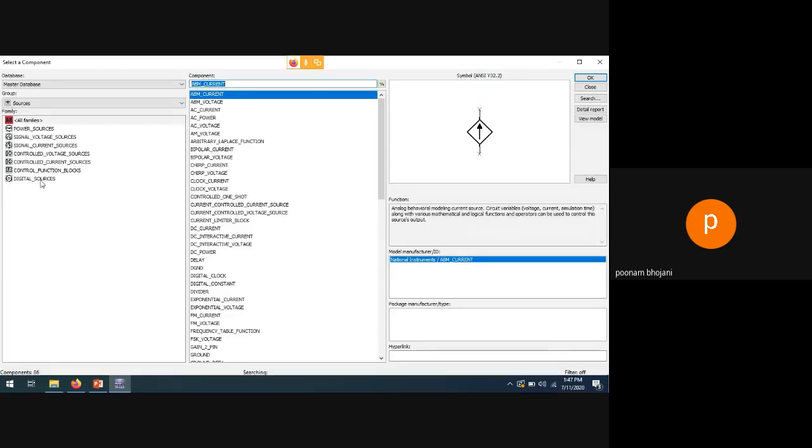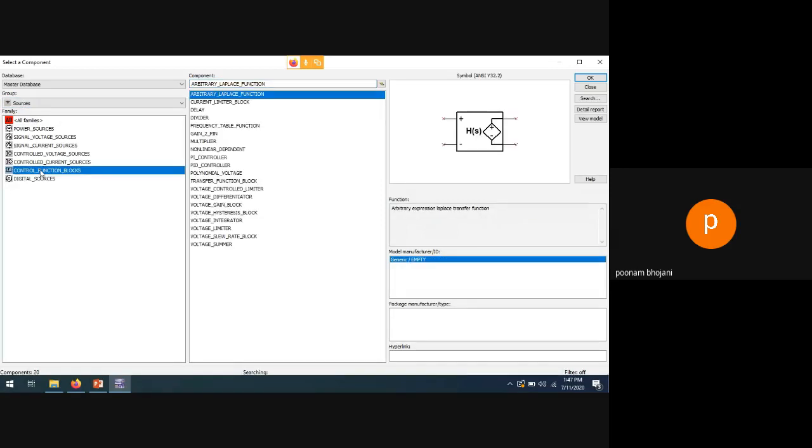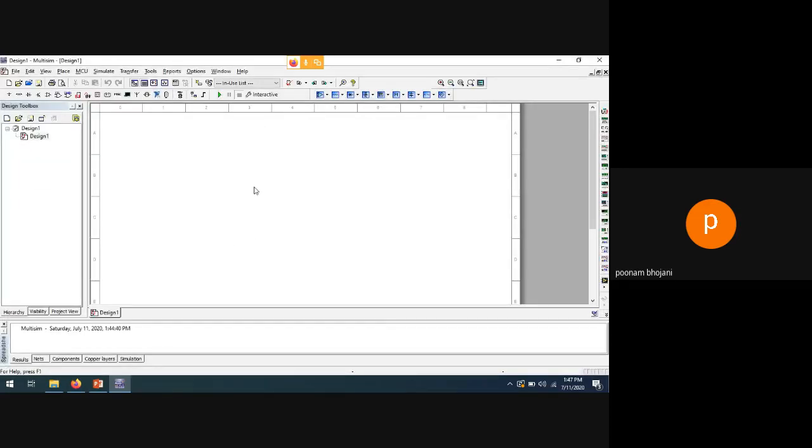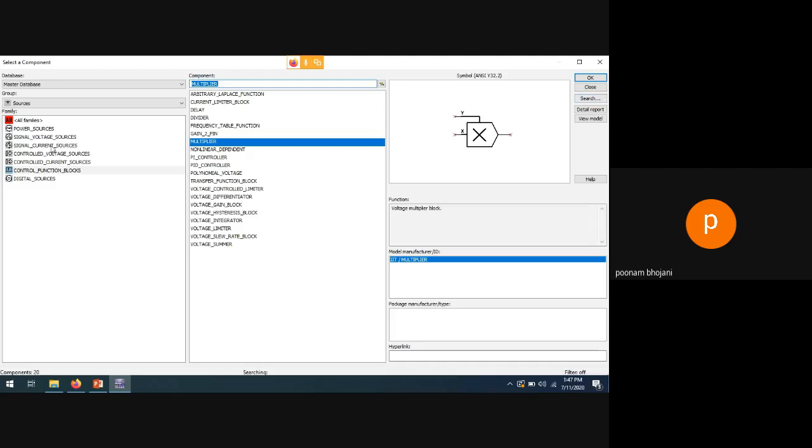the multiplier block. So see, from Sources, Control Function Blocks, there is a multiplier. You have to take that multiplier from there, and now I will apply different types of input signals.